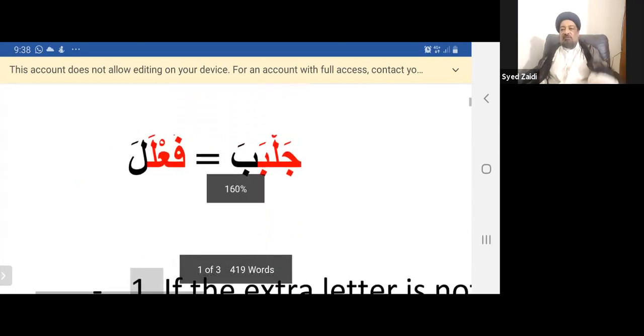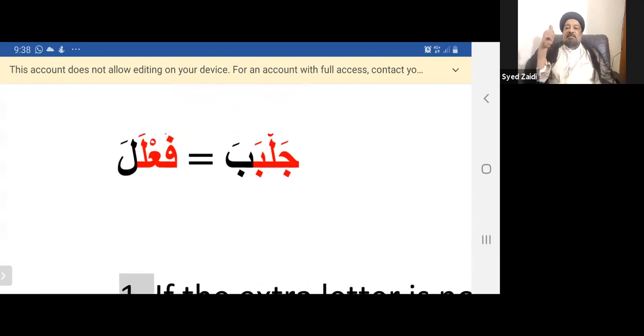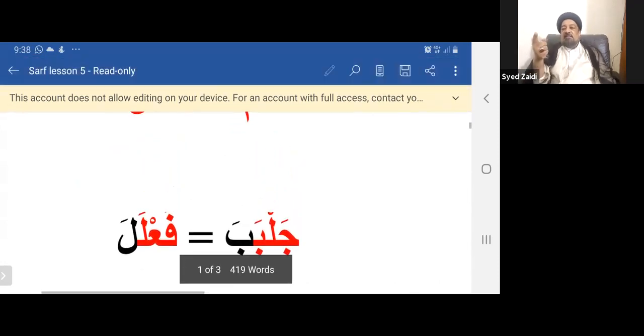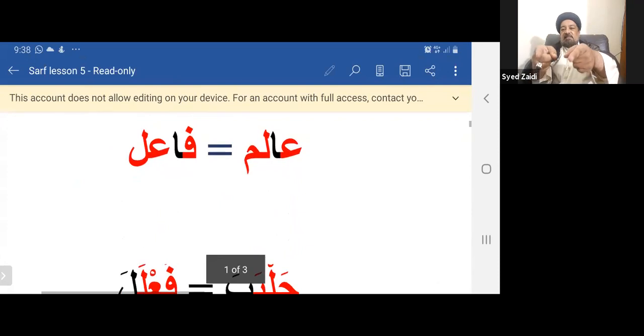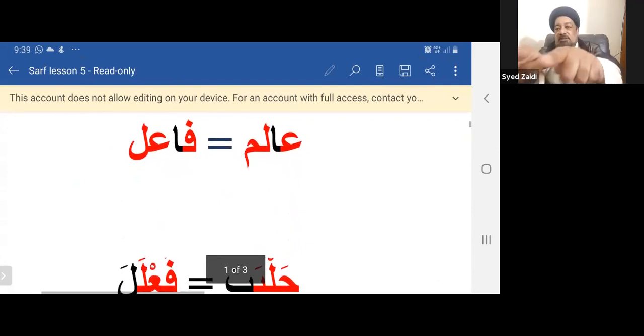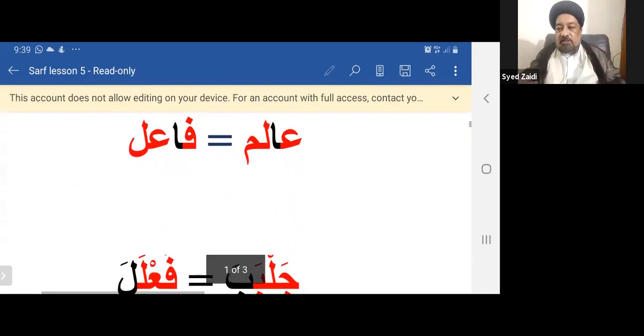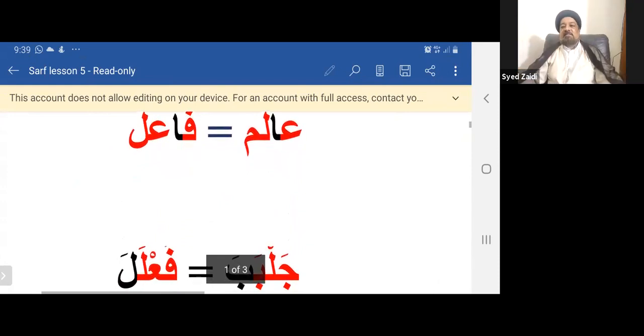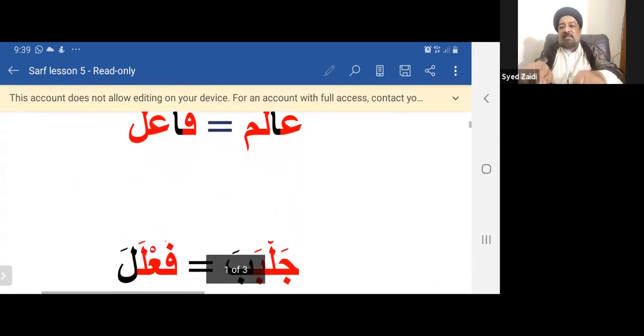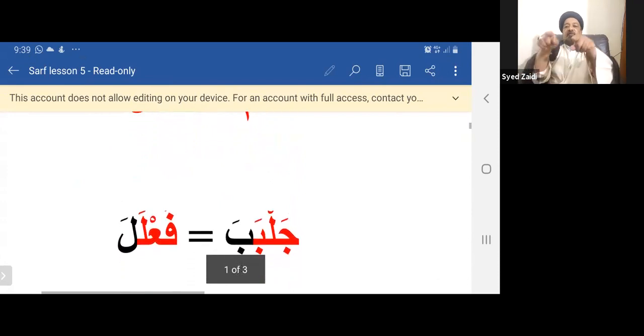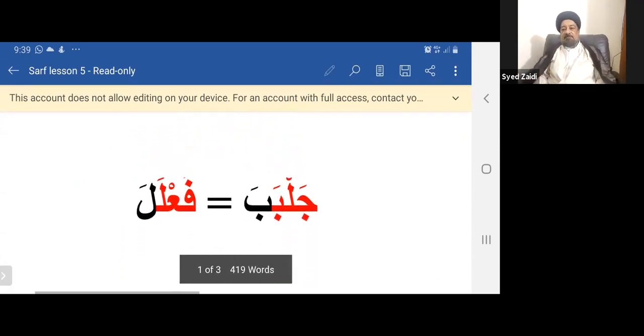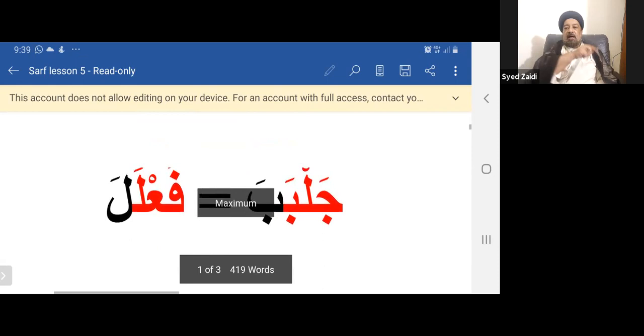You see the difference? In the first instance, there was a harf zaid, which was not from the root letters. In the second instance, the harf zaid is the repeated letter from the root letters. Like jalbaba.